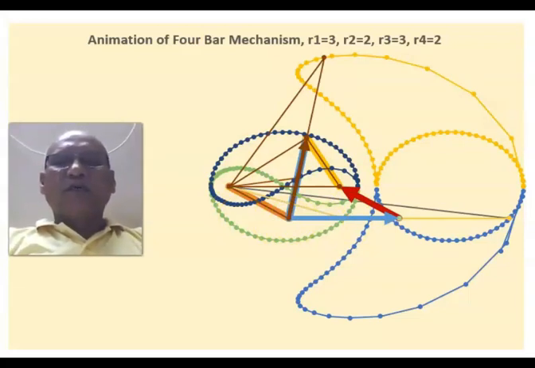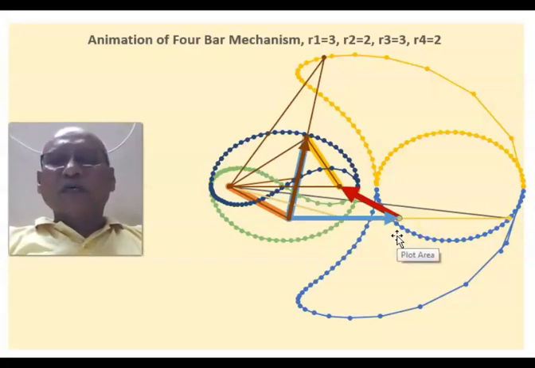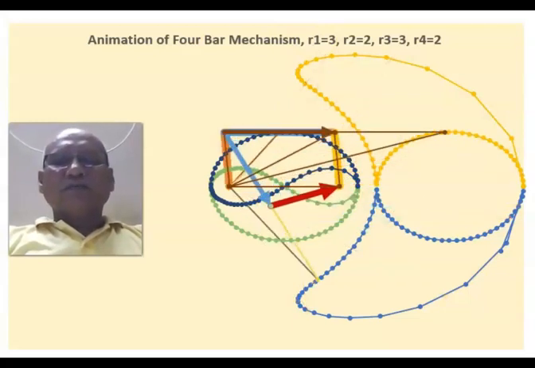Similarly, this yellow path is followed by some path, and this blue path by some other path, and both cannot happen simultaneously. There are two options available for any path. So I will be playing this animation again for clarity.